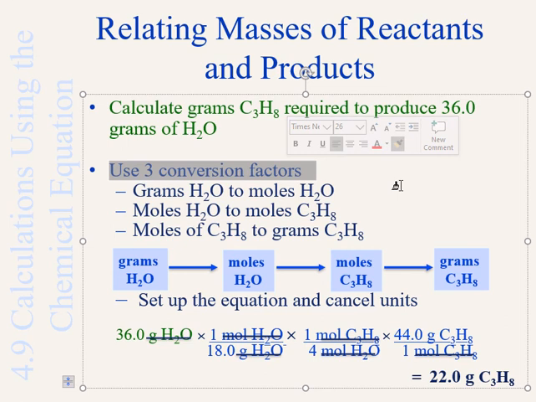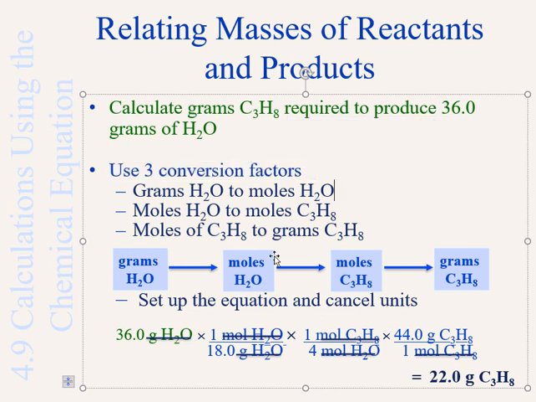Since you are required to produce 36 grams of water, that is your starting point, let's call it A, the amount that I'm given, which is 36.0 grams of water, and my B, my destination, is X grams of propane.